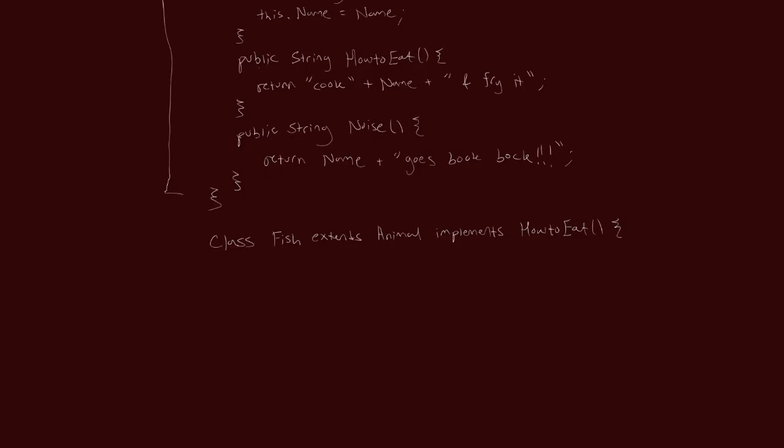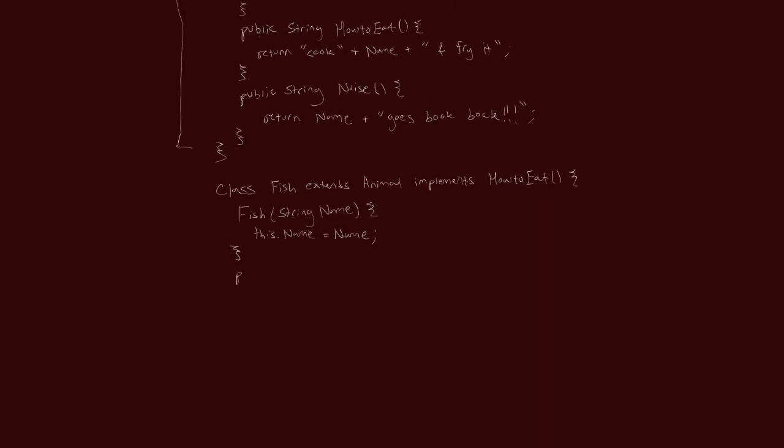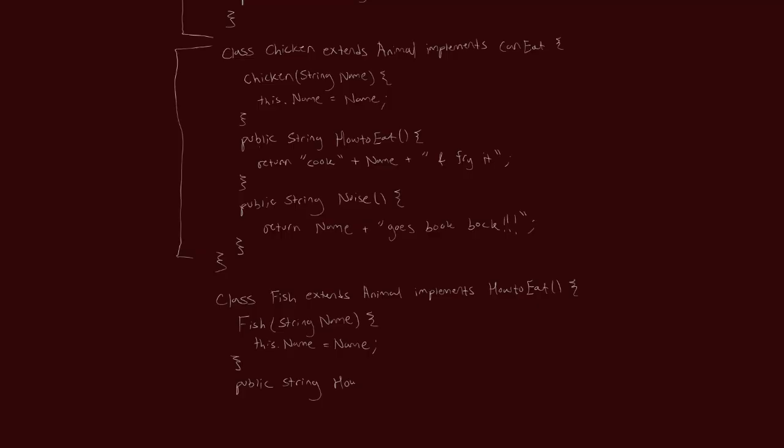We'll give the fish a name as well. So we'll do a Fish constructor, Fish String name, and then we do this.name equals name, and then we'll include a howToEat method. So public String, oh wait, sorry, it was not the method's name, the interface name was CanEat.